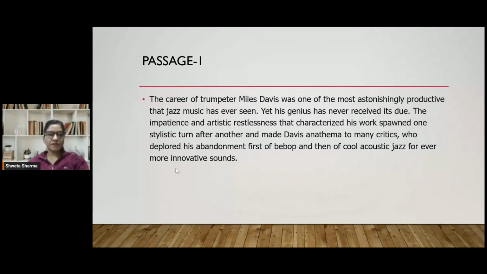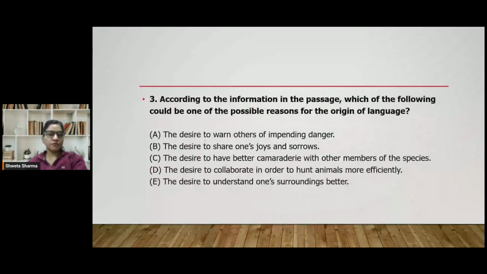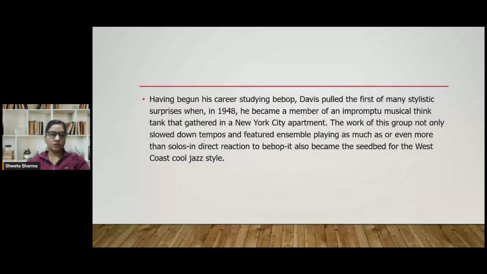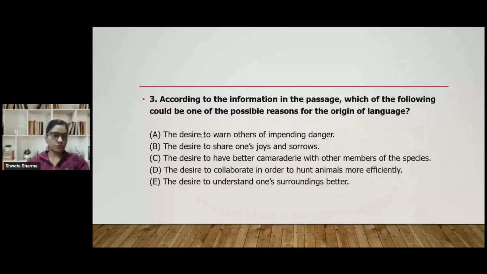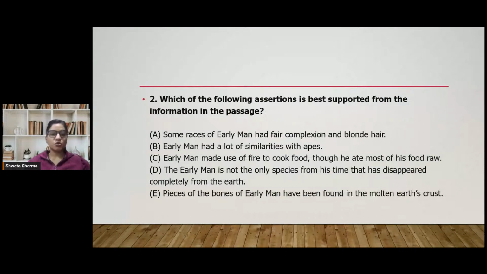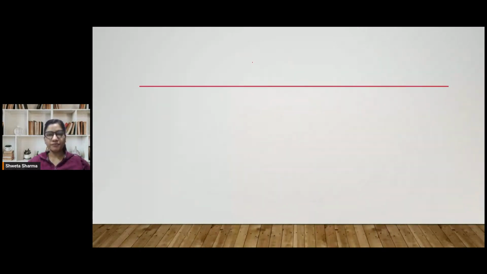Okay, so let's get started with the passage. I'll be explaining the entire thing to you, but let me just show you a bit of something before we get started. When we talk about any reading comprehension, and I ask you to read the first paragraph, how do we go about reading the passages?